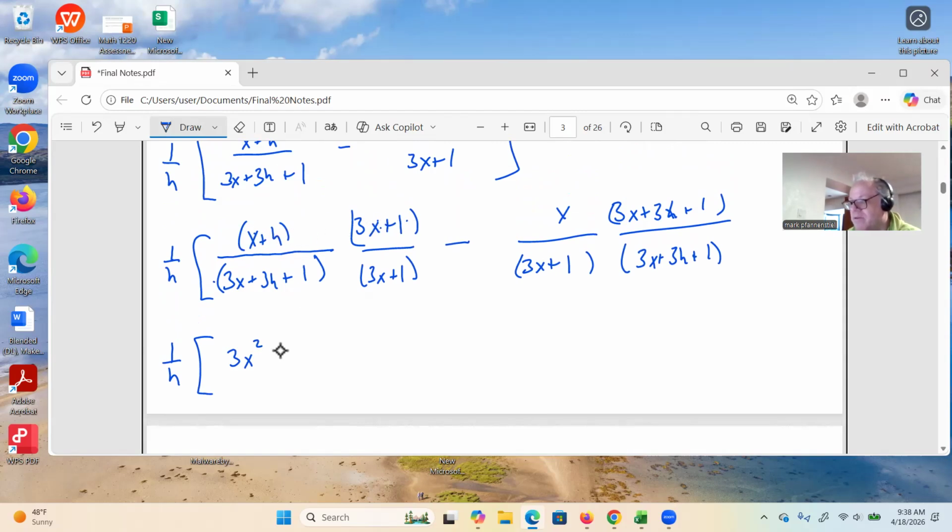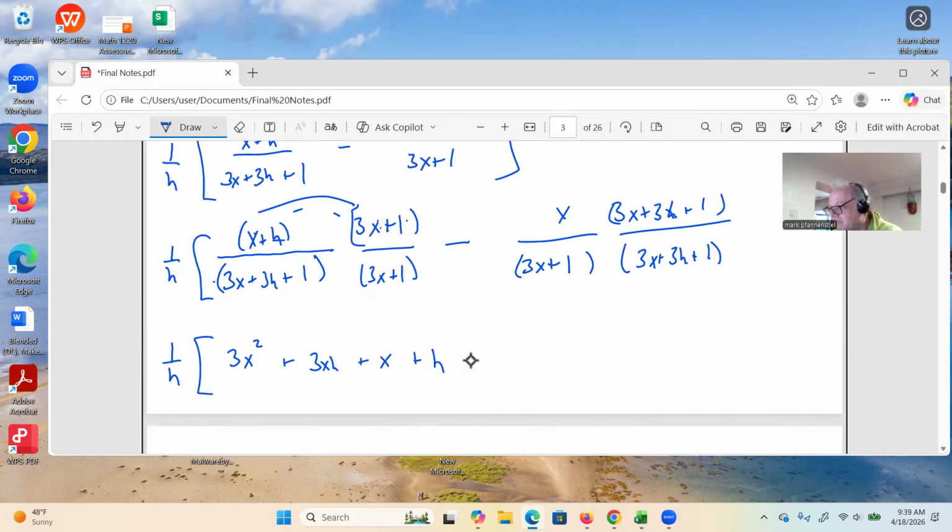So we did the firsts. Now we have our middles, our plus 3xh for this piece. We have a plus x plus h at the end.